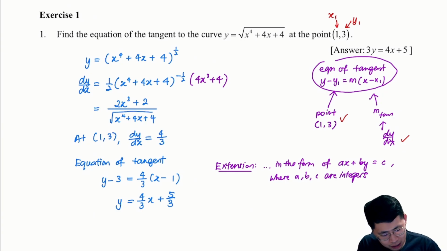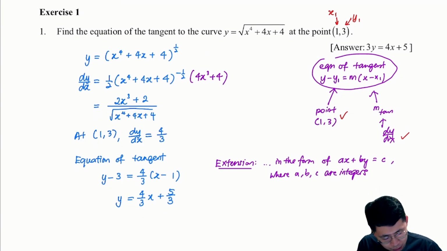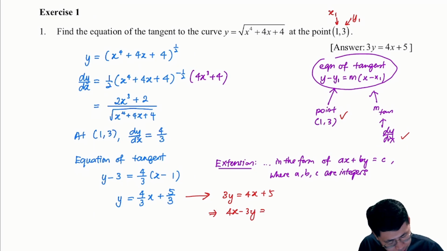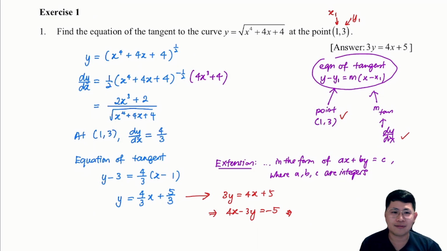Currently they are not whole numbers because the denominator has a 3. So the extension is we can just multiply everything by 3. On the left times 3, 3y, and on the right times 3, we get this. Then we rearrange to get 4x minus 3y equals to negative 5. So it will be in this form. This is just an extension that we have.